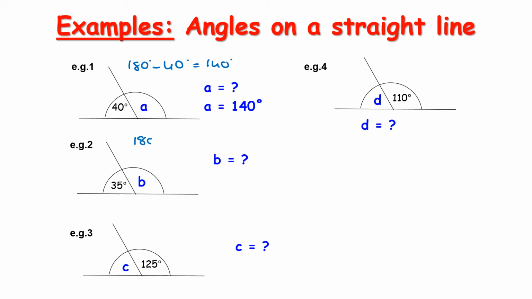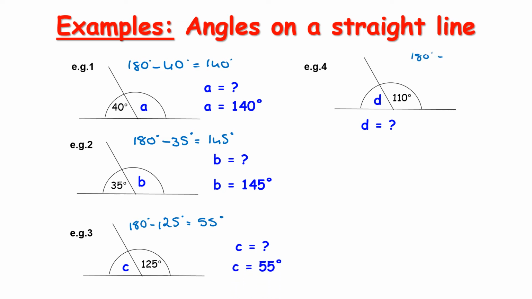Again, these add to 180, so 180 minus 35, and when we do that, we get 145 degrees. Here we have 180 degrees minus 125 degrees, and that gives me 55 degrees. And our last one is 180 minus 110 degrees, and that gives me 70 degrees. So that's how we will calculate the size of the angle given some information.